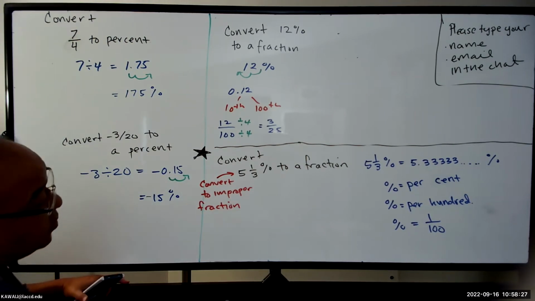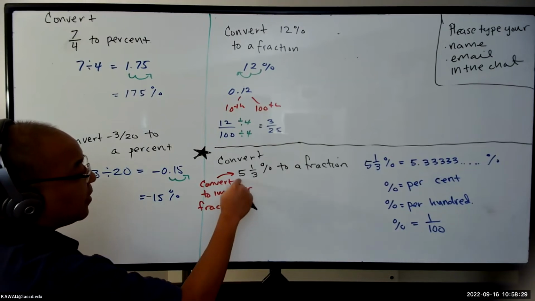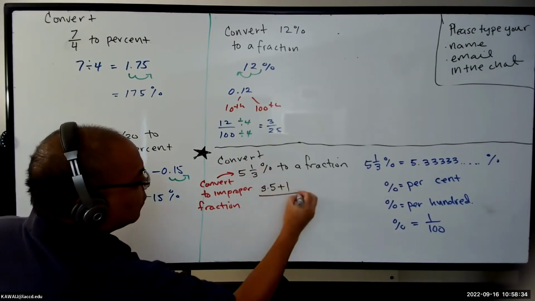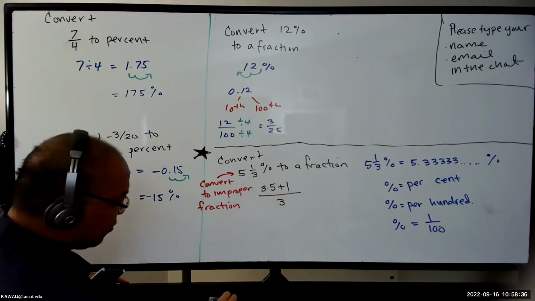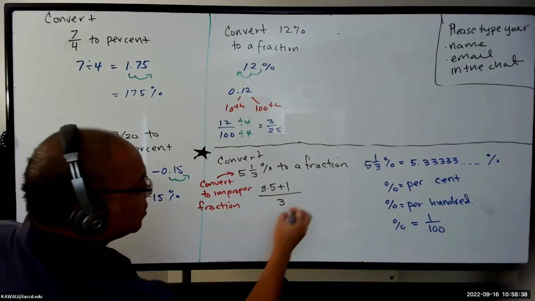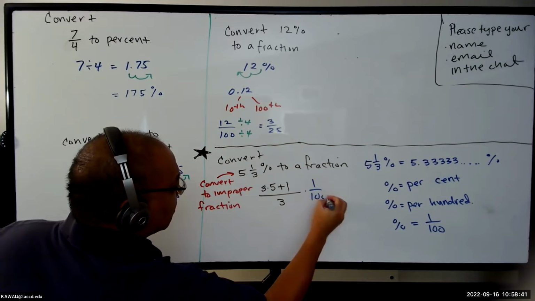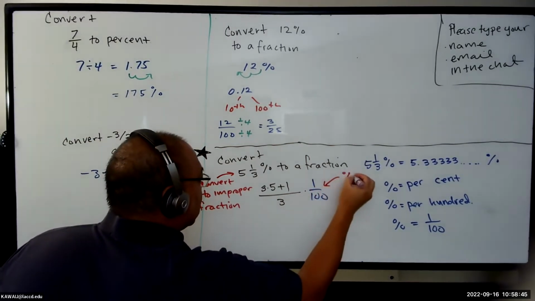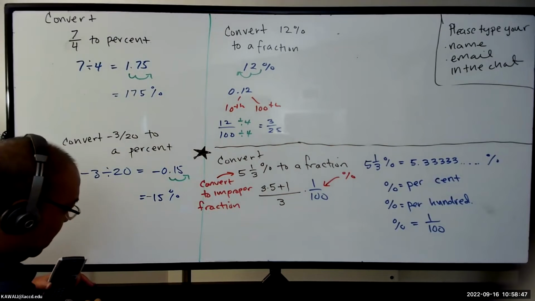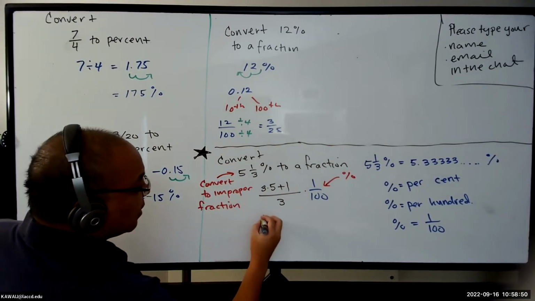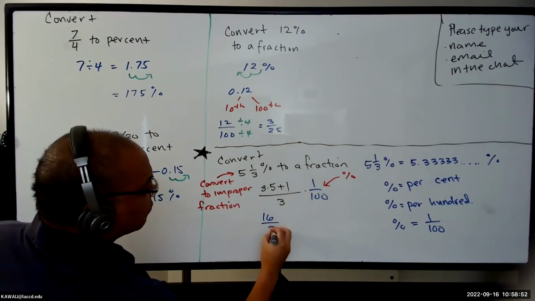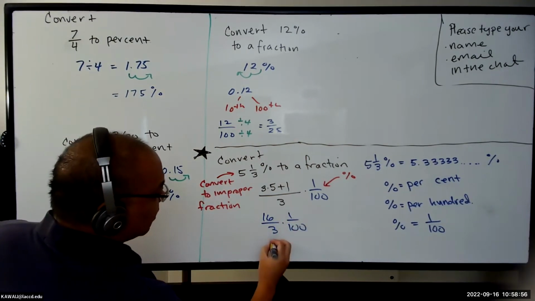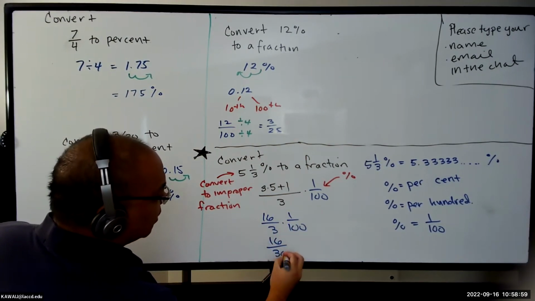Okay. So I usually go in a circle. 3 times 5 plus 1 over 3. And remember that percent is equal to 1 over 100. This is what percent means. You can just replace it with 1 over 100. So now I get 16 over 3 times 1 over 100. So I get 16 over 300.